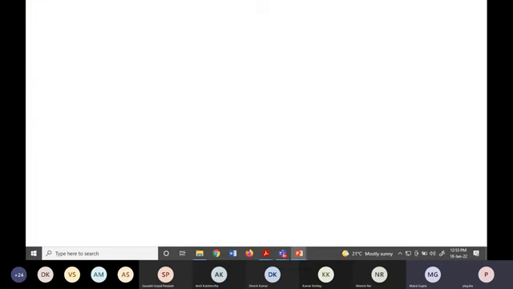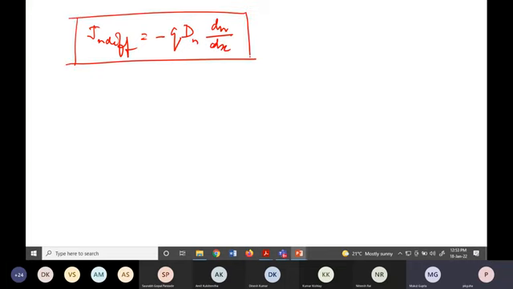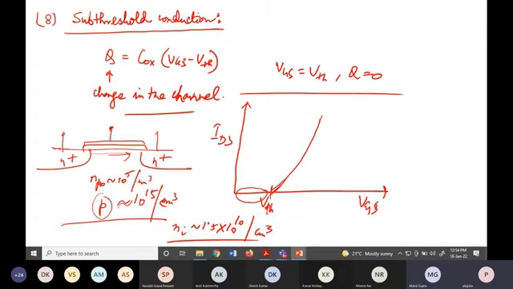So diffusion current density is basically Jn diffusion equals q Dn dn/dx, where Dn is the diffusivity and dn/dx is the concentration gradient. The concentration gradient will be created because the source voltage here is grounded and here it has some voltage, so the concentration at this side and at this side will be different.